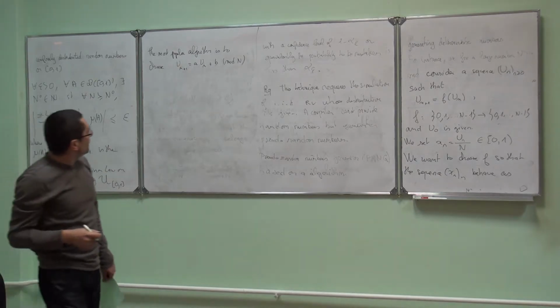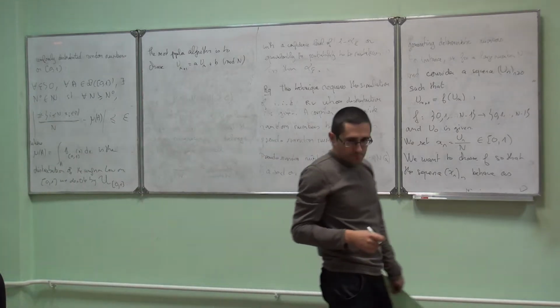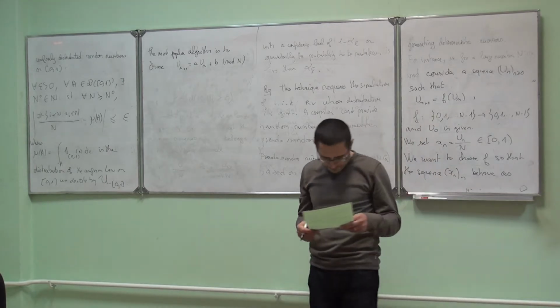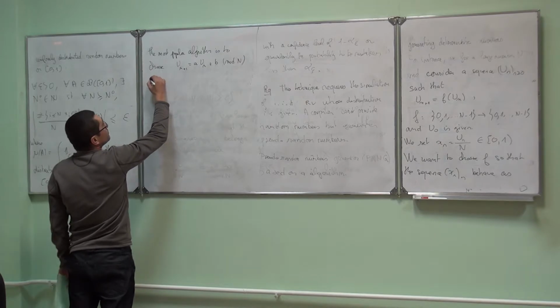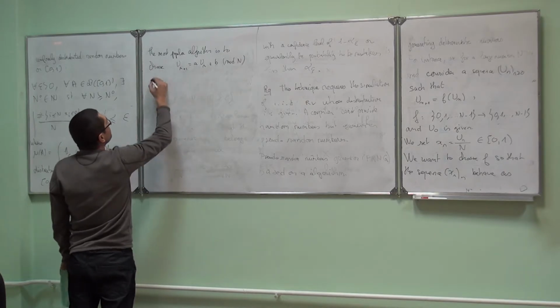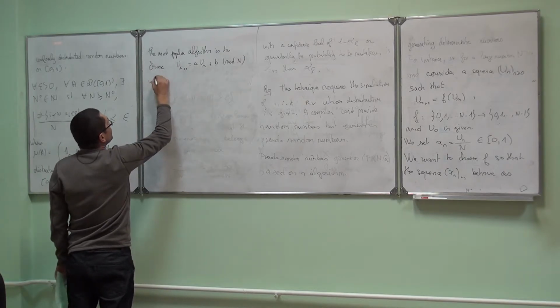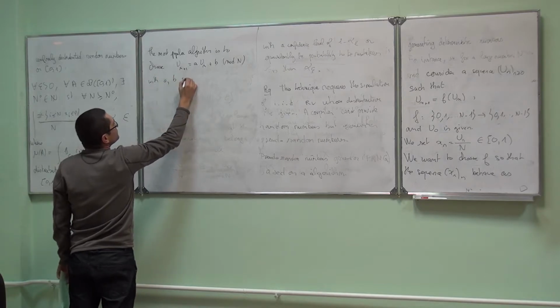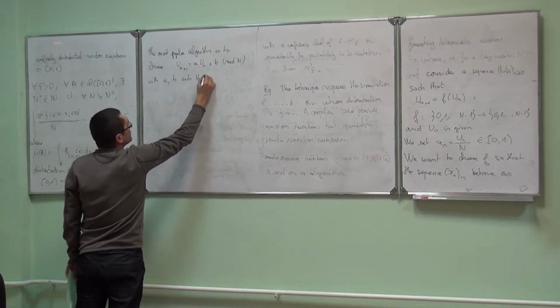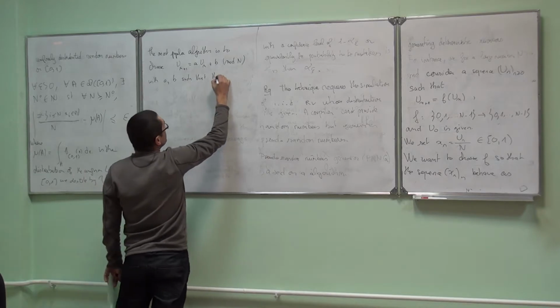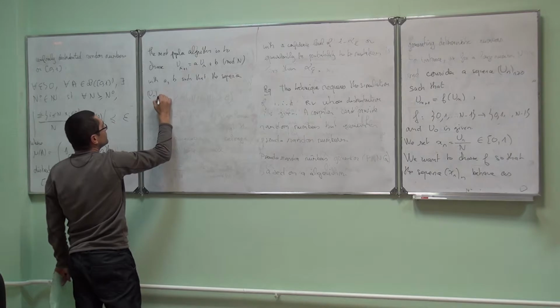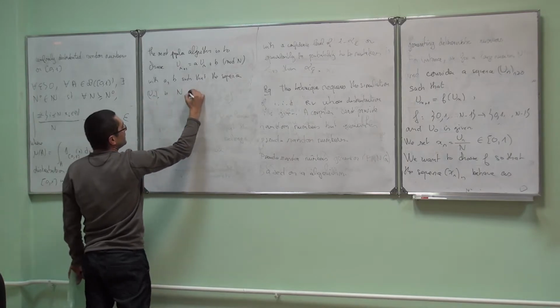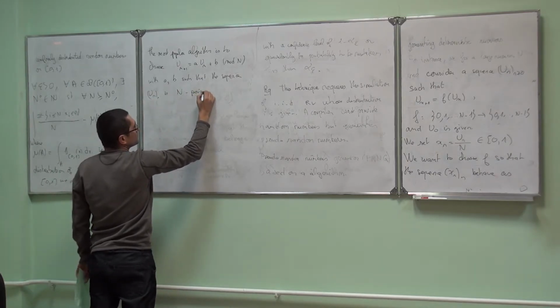That is, we choose f of x equals a x plus b. And now we choose a and b such that the sequence U_n is N-periodic.